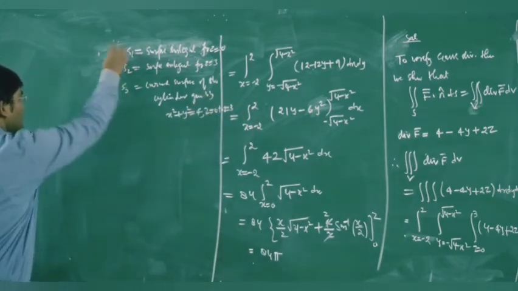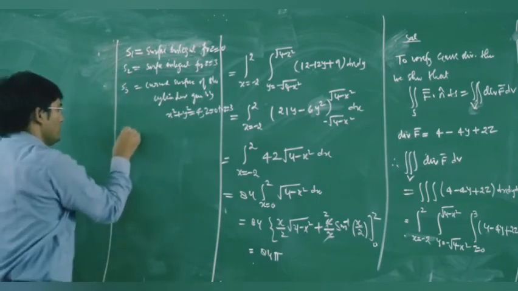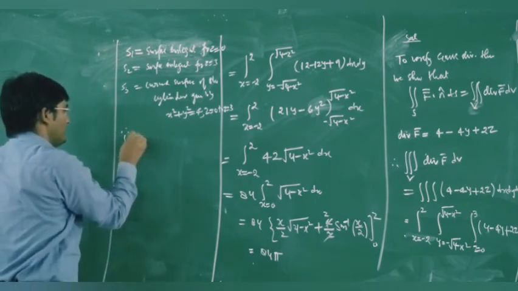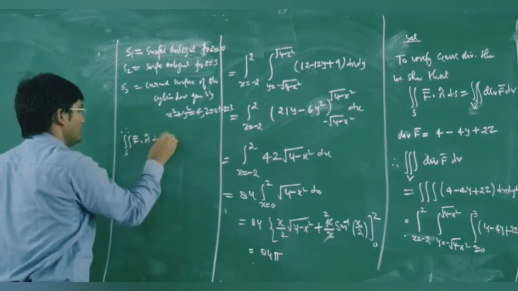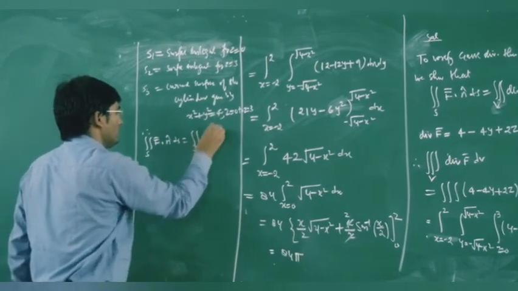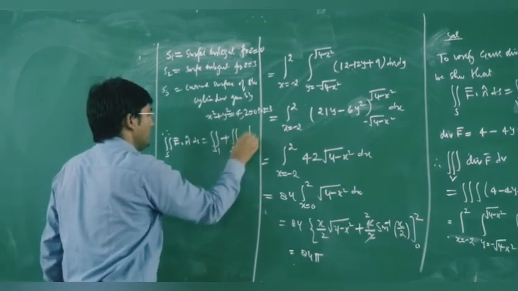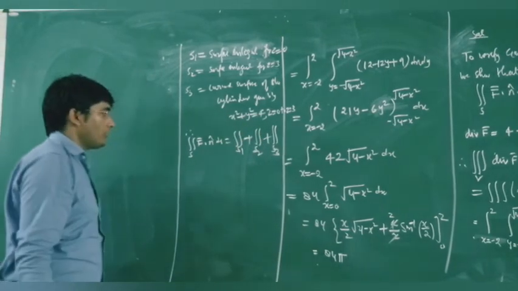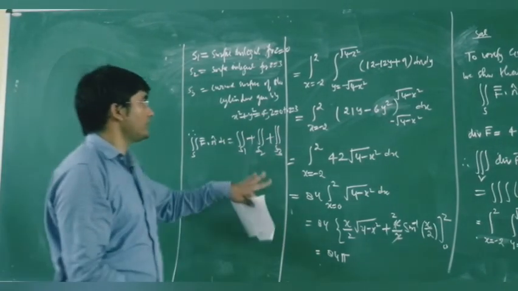Now we have 3 surface integrals, therefore the integral of f dot n dS is equal to S1 plus S2 plus S3. Now let us evaluate S1, S2, S3.